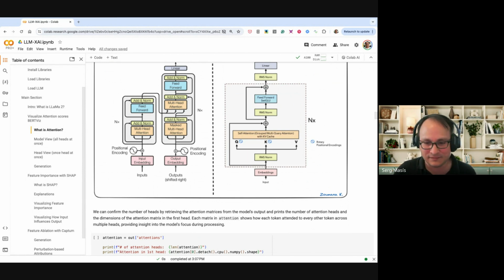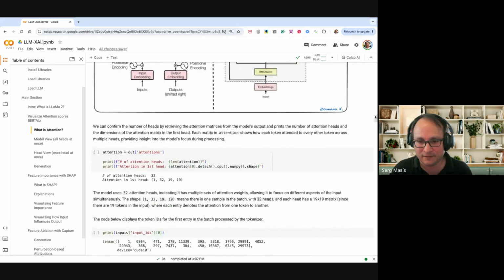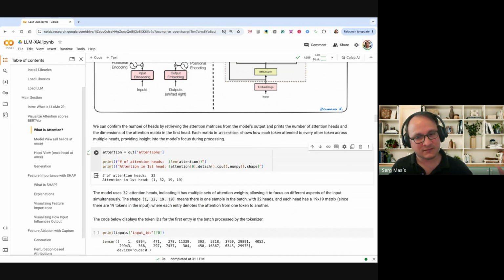There's normalization. There's also a feed forward part, and there's this attention mechanism. And this in particular is what's called a grouped multi-query attention. So it's a specialized attention mechanism that has proved to be more effective. So here we can actually output this, and by what was outputted in the attention matrix, we can tell, by the dimensions of it, how many heads there are.